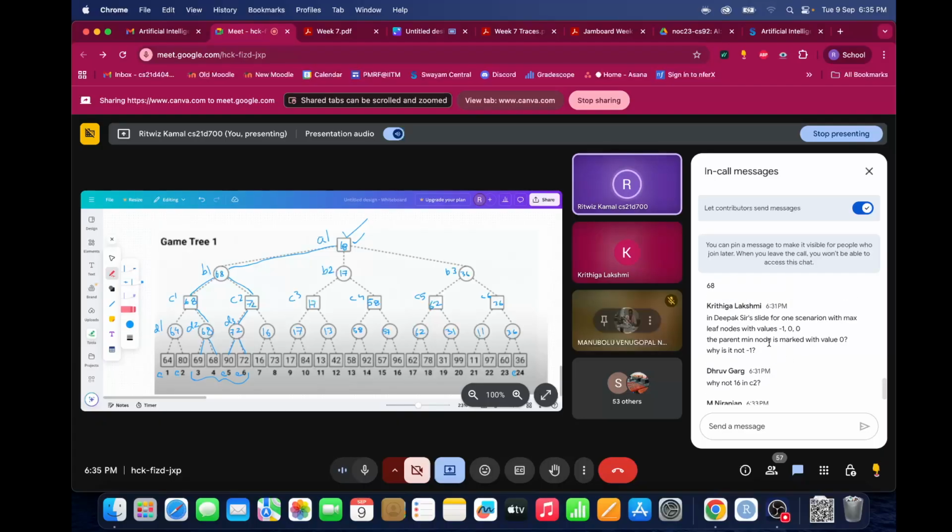Lakshmi asks, in Deepak's first slide for one scenario with max leaf nodes with values -1, 0, 0, the parent min node is marked with value 0. Why is it not -1? Parent min node is value 0. It should be -1.